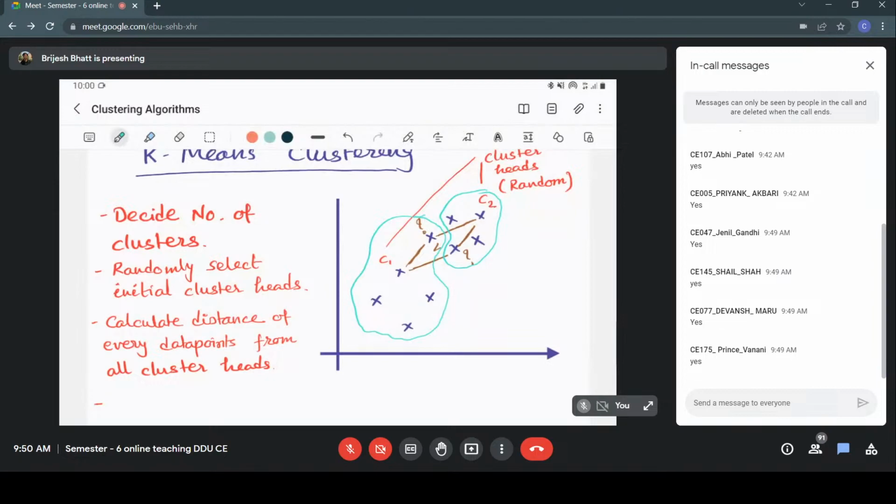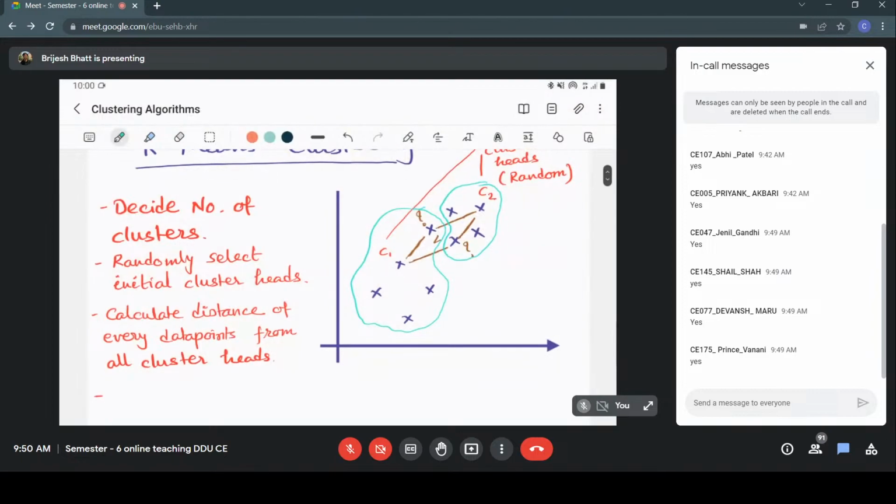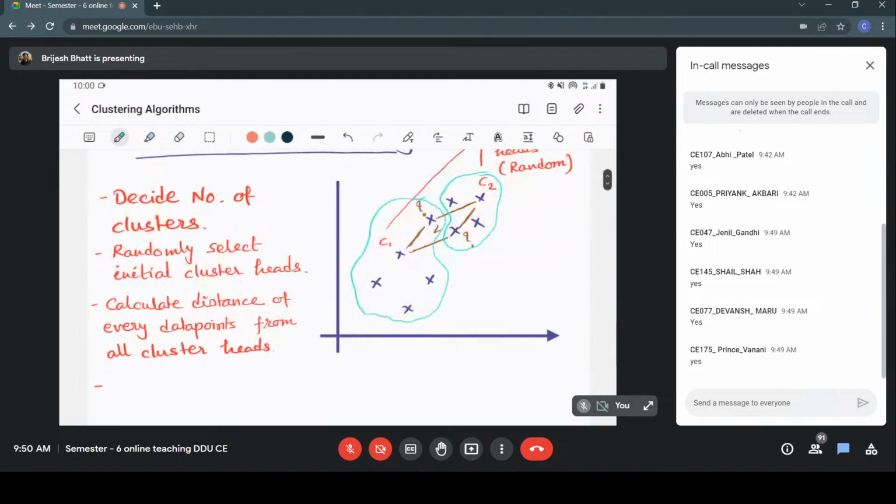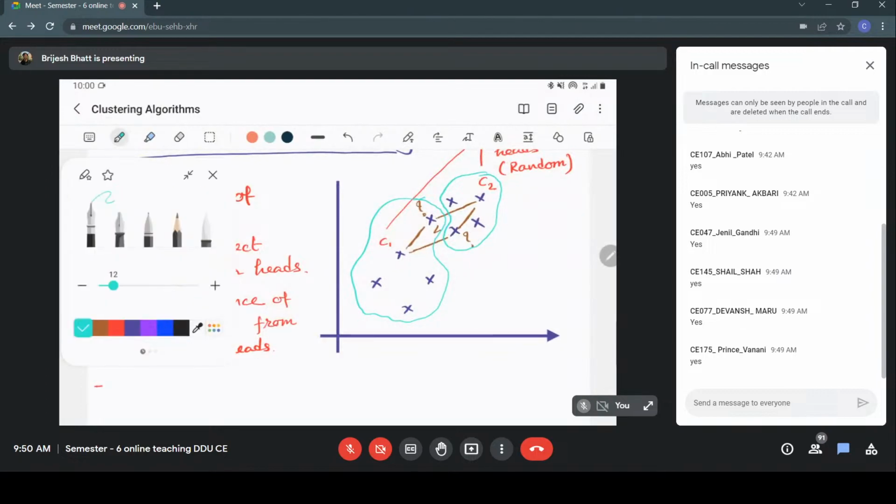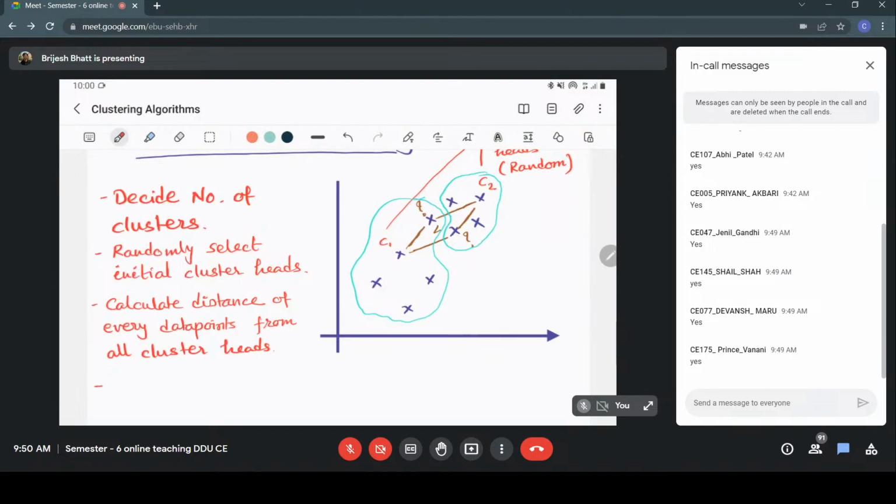Okay, so if this is clear, then we can do a bit more detailed analysis. So now once this is done, after the first iteration, what we do is, first step is calculate the distance of every data point from all cluster heads.